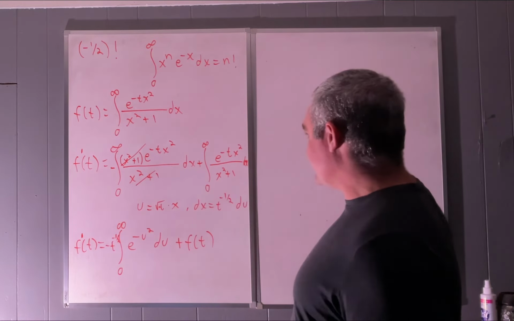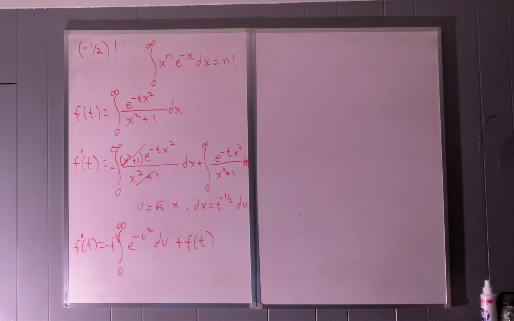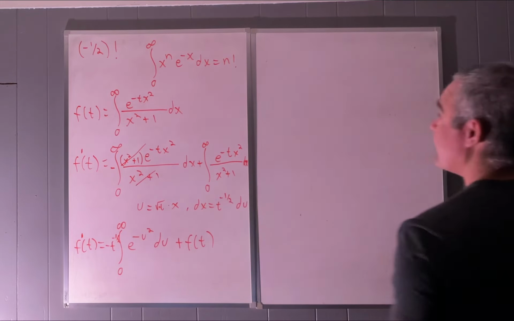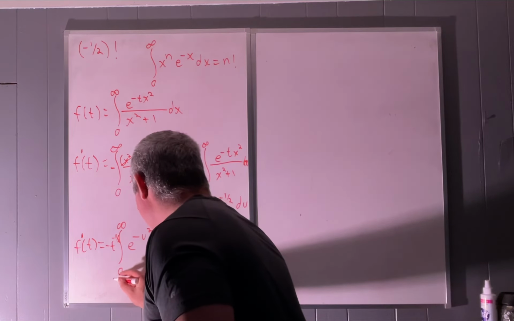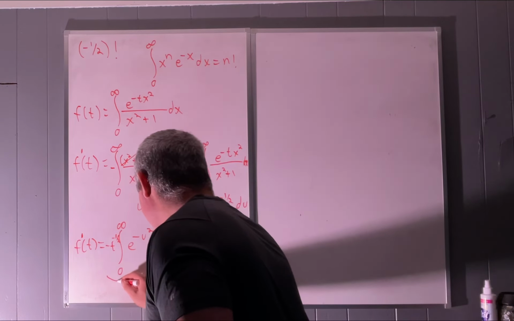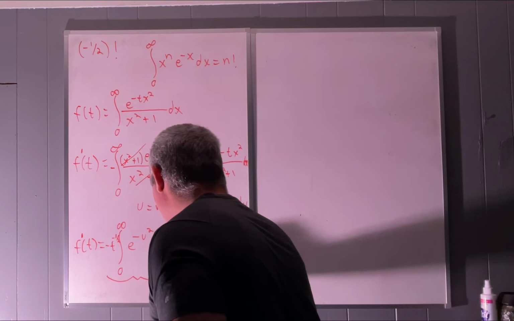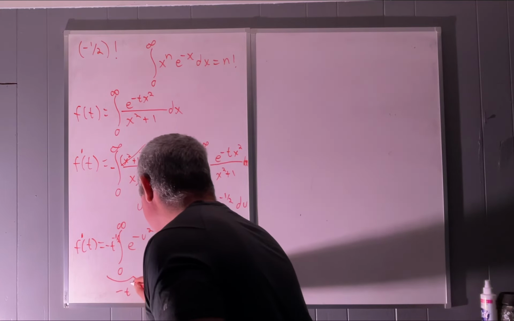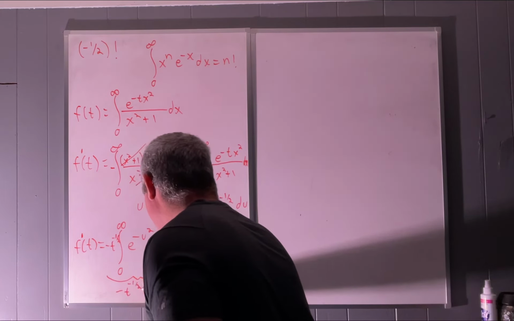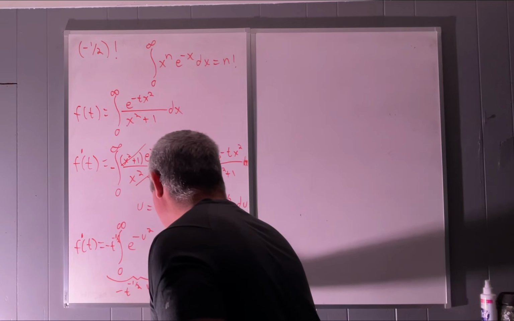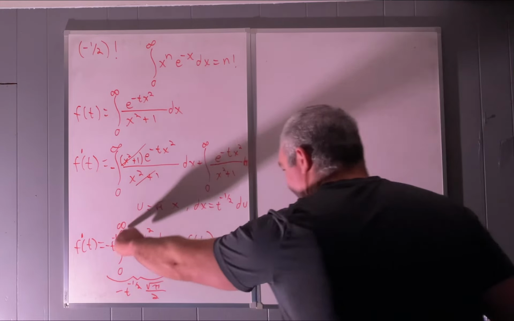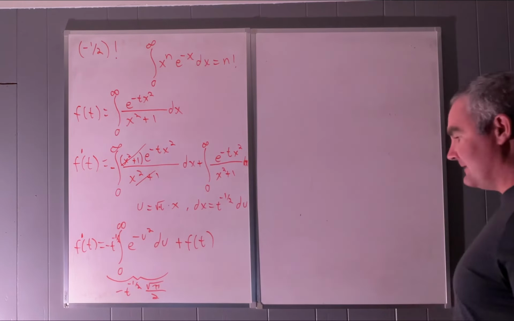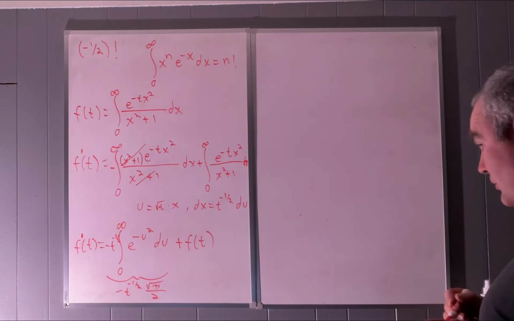That becomes e to the negative u squared du plus this is our f of t, so that's all correct. And we know that this whole thing right here will evaluate to negative t to the negative 1/2 times the square root of pi over 2. All right, because now this is the Gaussian integral, and that is the square root of pi over 2.